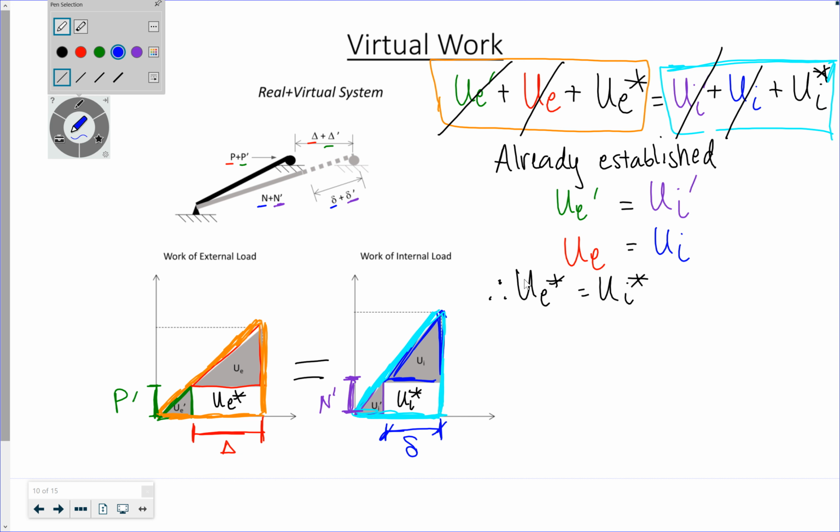So that means P prime times delta is equal to N prime times baby delta.